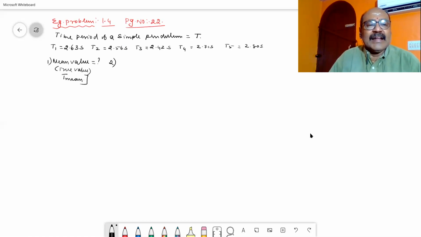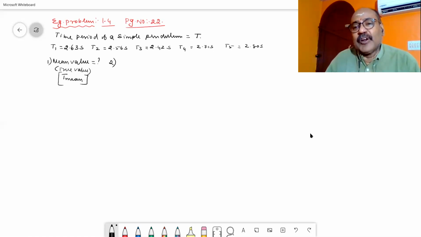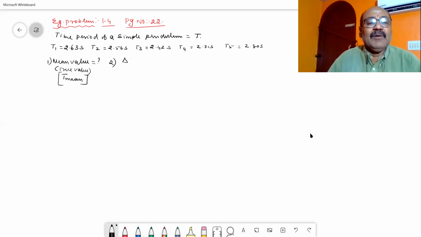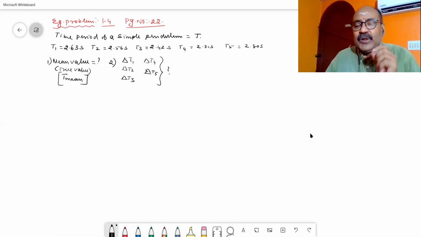This is the first one asked. The second one is the absolute error for each and every measurement. So they are asking delta T1, delta T2, delta T3, delta T4, and also delta T5. All these are being asked.